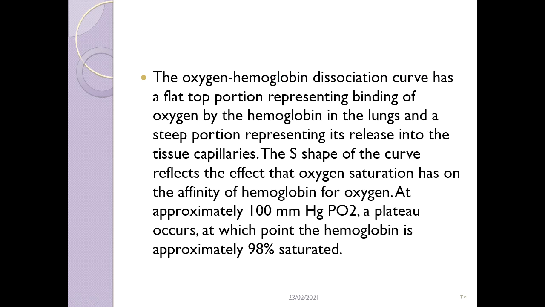The flat top portion or the plateau region represents the binding of oxygen with hemoglobin in the lung, and as we mentioned, the steep portion represents the release of the oxygen into the tissue capillaries. The S shape of the curve reflects the effect that oxygen saturation has on the affinity of hemoglobin for oxygen.